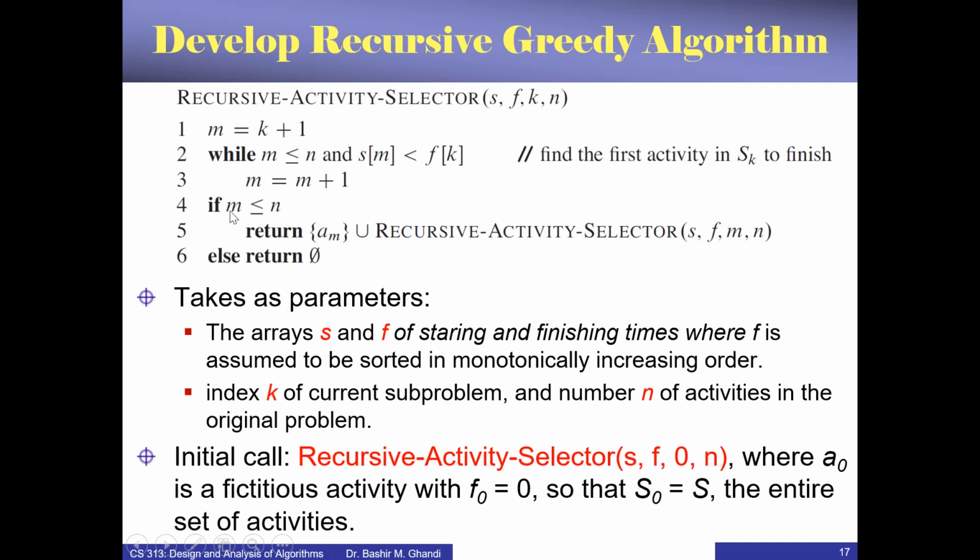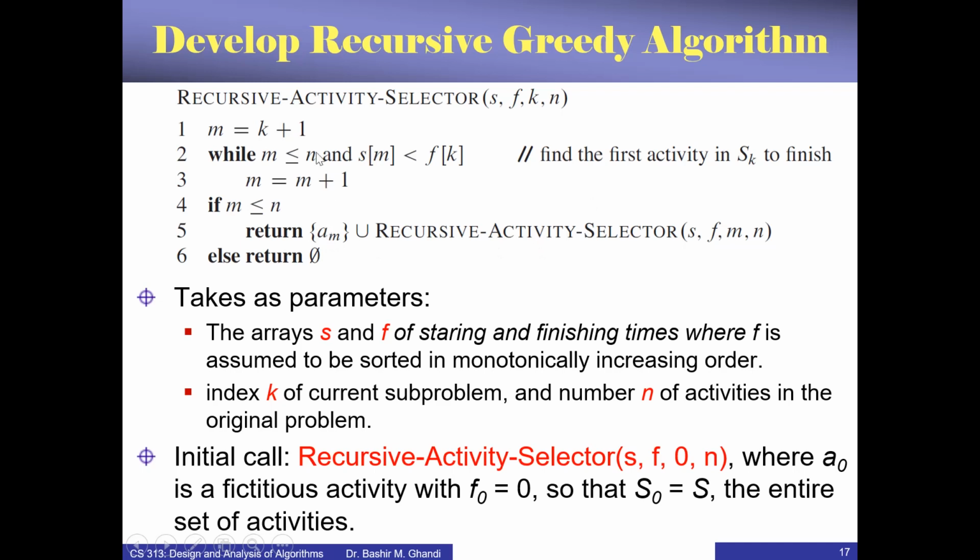So we check after this while loop if we were able to successfully find an m that is less than or equal to n. Then we are going to make a recursive call starting from that m and add whatever you get to your set am.